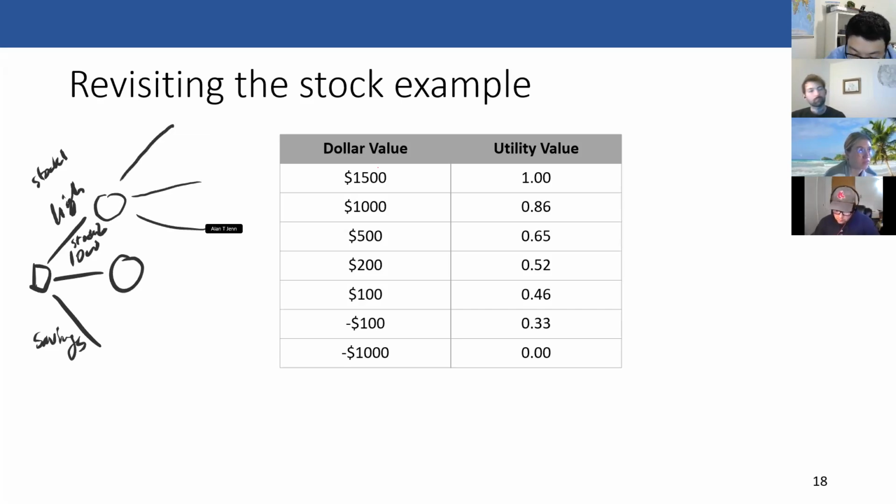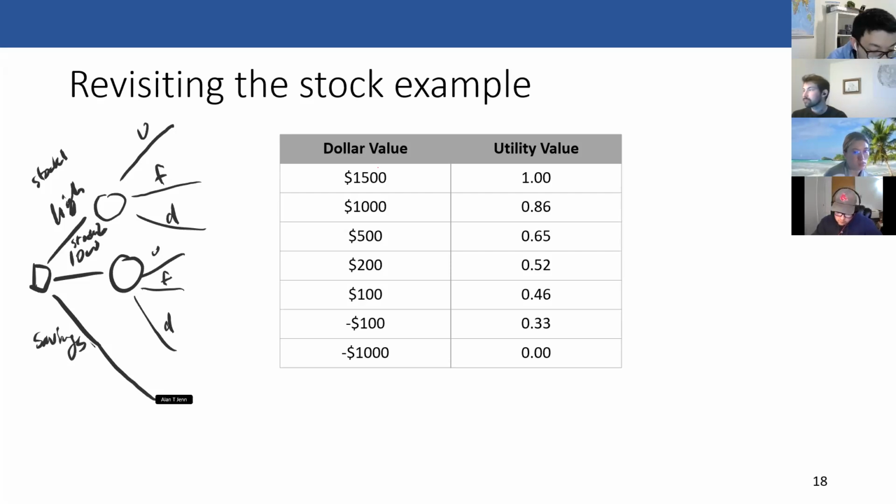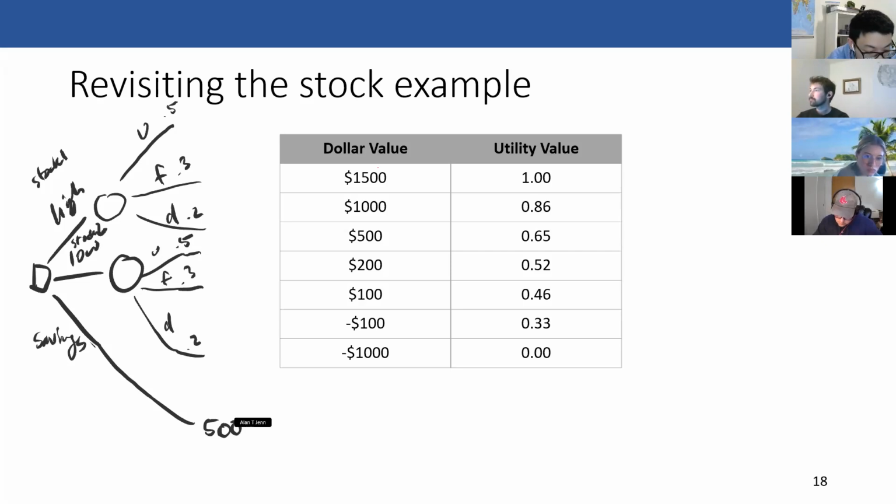And you have up, flat, down, up, flat, down, and savings here. So this is 0.5, 0.3, 0.2, 0.5, 0.3, 0.2, and you have 500, negative 100, 200, 1,000, negative 1,000, 100, and 1,500.